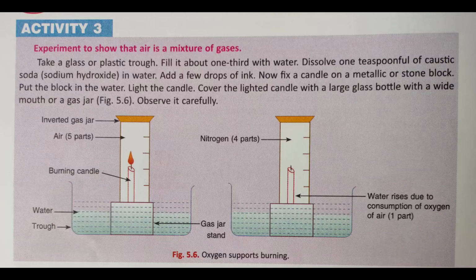Add a few drops of ink. Now fix a candle on a metallic or a stone block. Put the block in the water. Light the candle. Cover the lighted candle with a large glass bottle with a wide mouth or a gas jar. Observe it carefully.